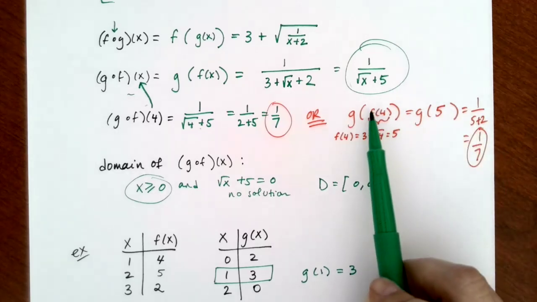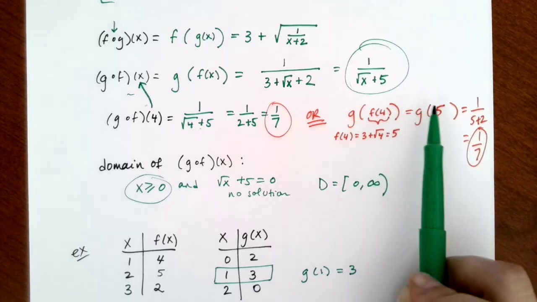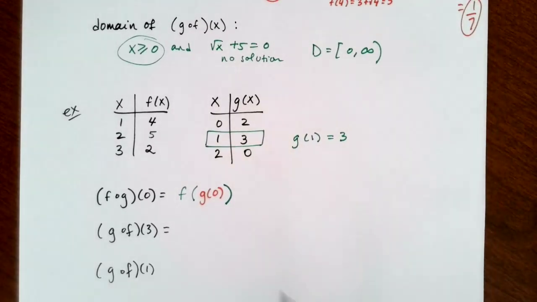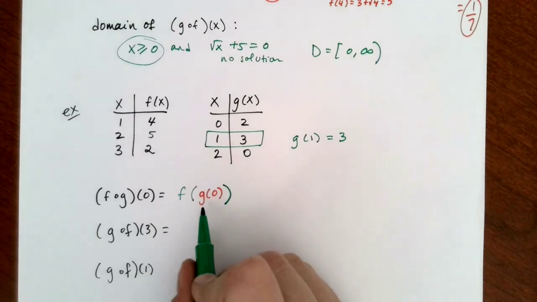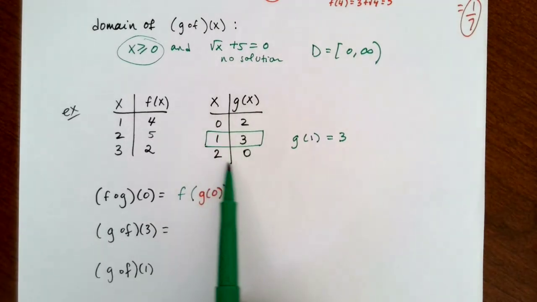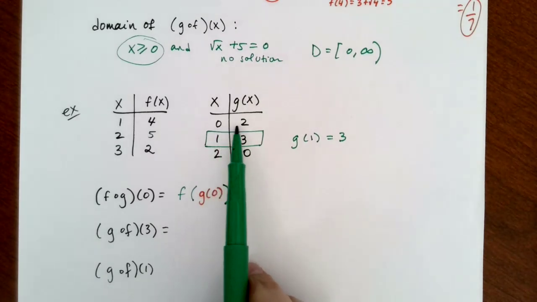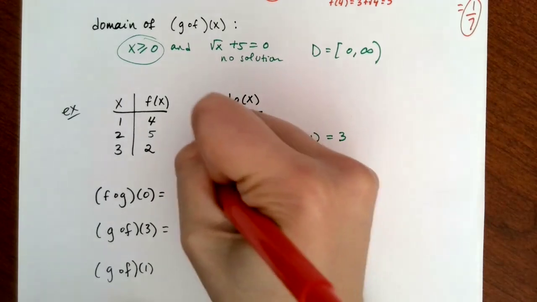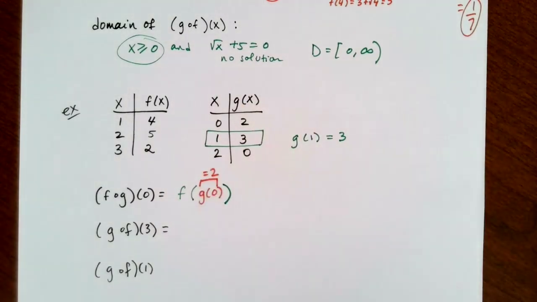We computed f of 4 separately, then plug that in to the other function. So I'm going to zoom in on g of 0 here and say, all right, well, what's g of 0? I'll go to the XY chart for g and say, all right, when I plug in 0, I get 2. So g of 0 equals 2.